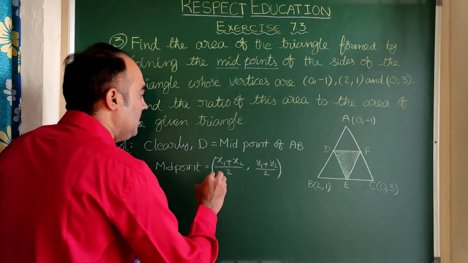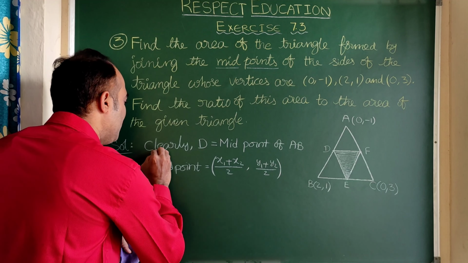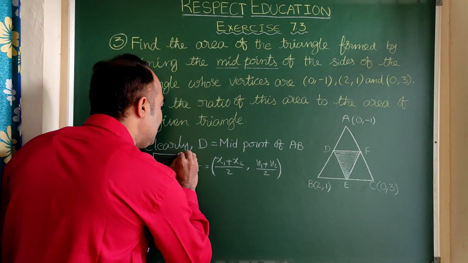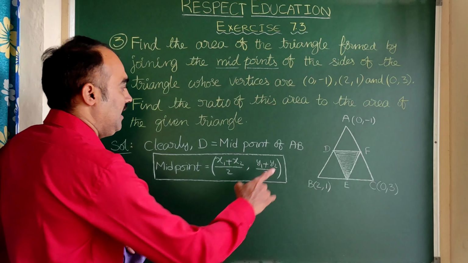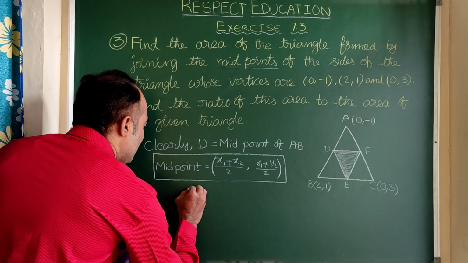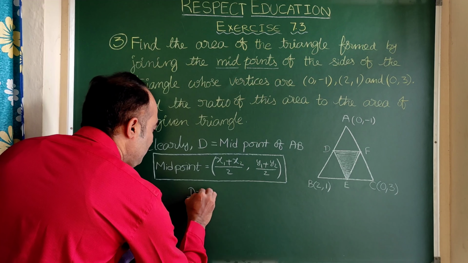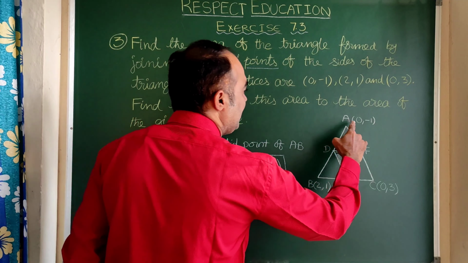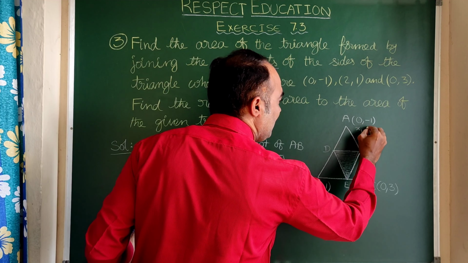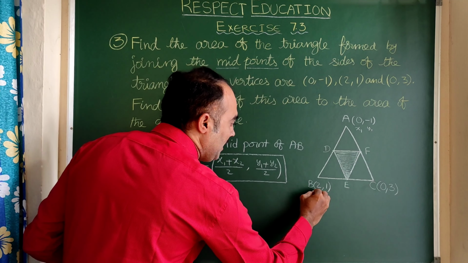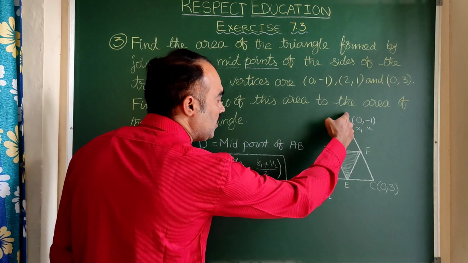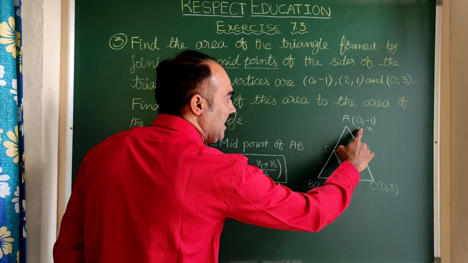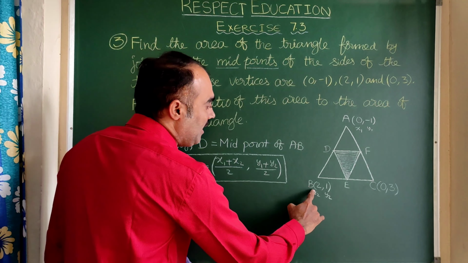Using this midpoint formula we are going to find D, E and also F. Let us find D first. Here you can take A as x1, y1, B as x2, y2, because D is the midpoint of AB.